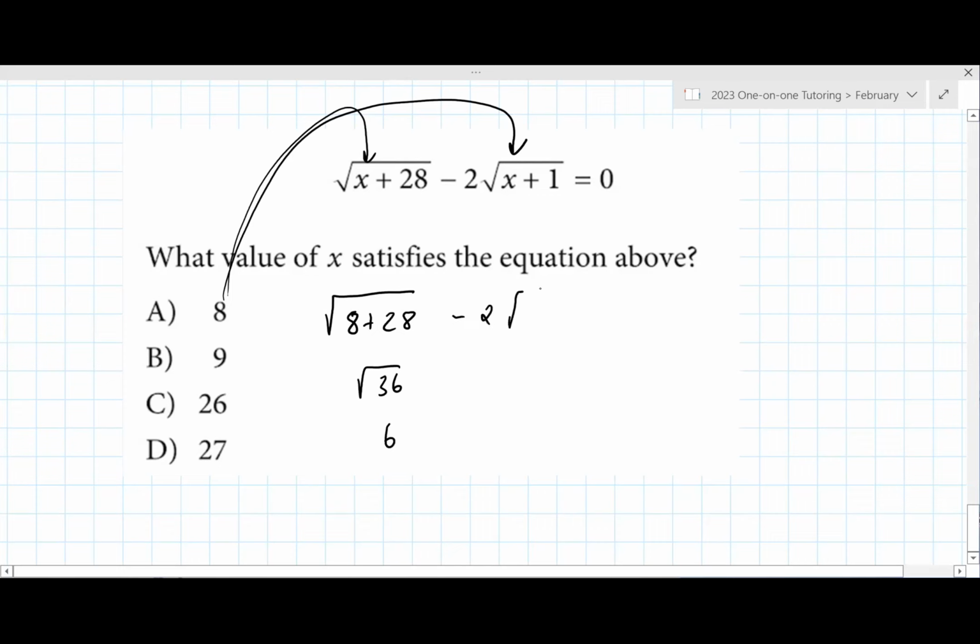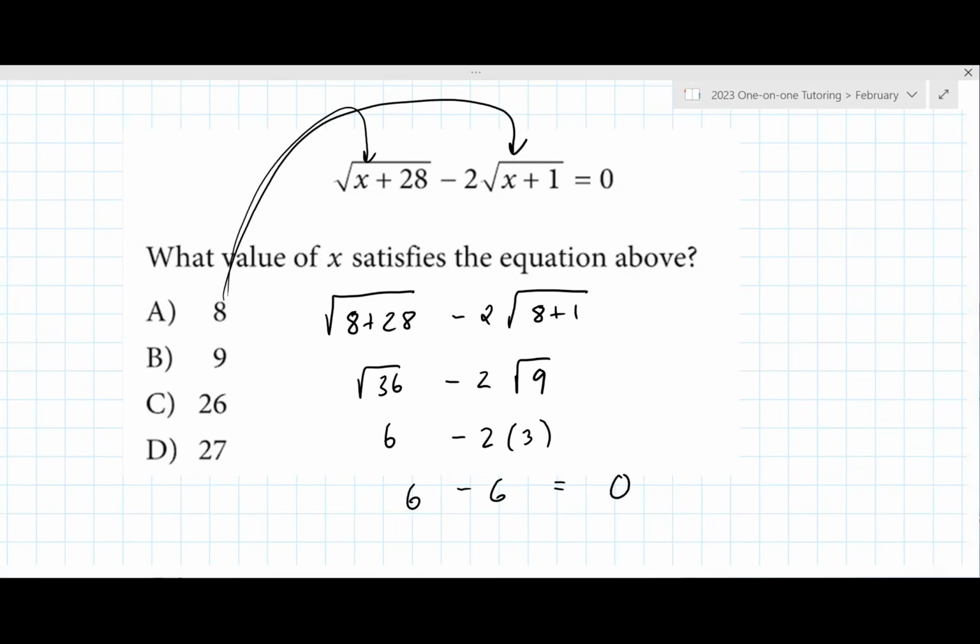Minus 2 times the square root of 8 plus 1. What is 8 plus 1? 9. What's the square root of 9? 3. What is 2 times 3? 2 times 3 is 6. So what is 6 minus 6? 0. Good. All right, one more problem to try here.